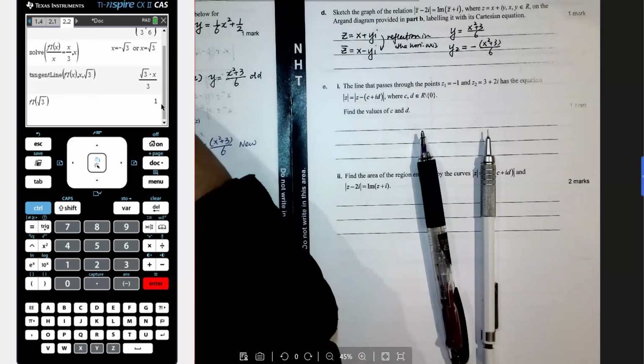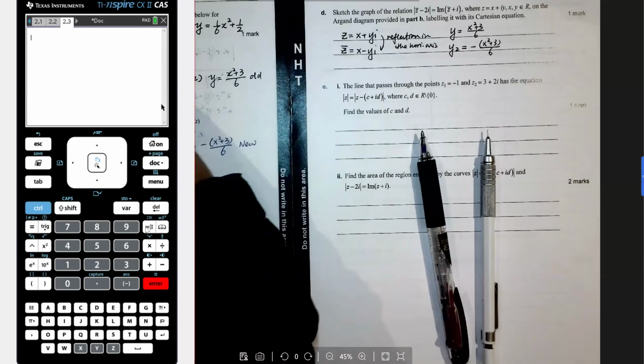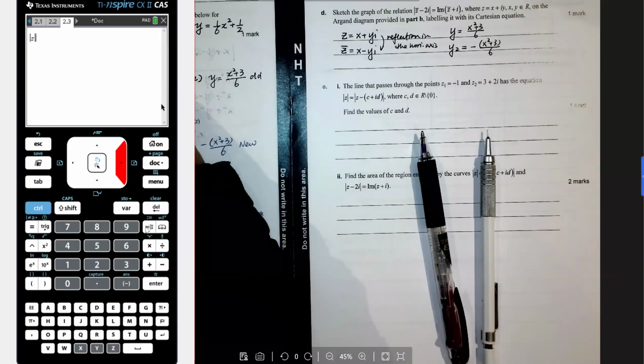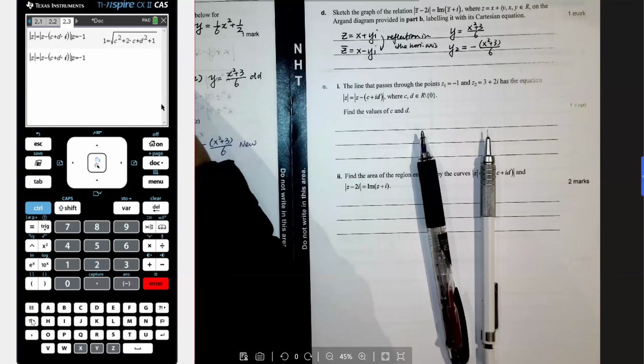Okay, so I have the absolute value of z equals another absolute value, z minus (c plus di). Given that z equals minus 1, that's one equation, and 3 plus 2i, that's another equation. Let's solve these two equations.